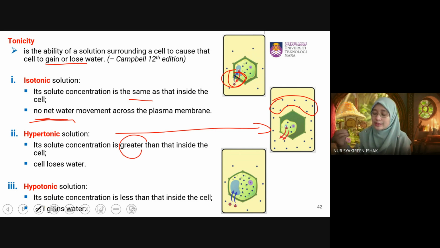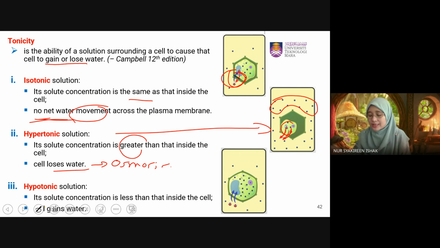This causes water from inside of the cell to diffuse out through the process of osmosis. The cell loses water via osmosis. Any movement of water across the plasma membrane, we call osmosis.